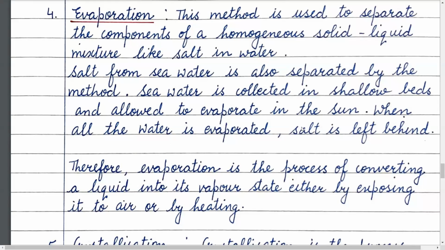This method is used to separate the components of a homogeneous solid liquid mixture like salt in water. Evaporation is the process of converting a liquid into its vapor state either by exposing it to air or by heating.